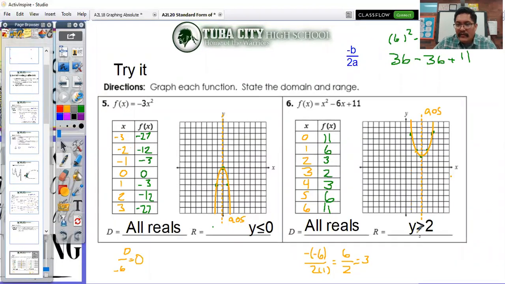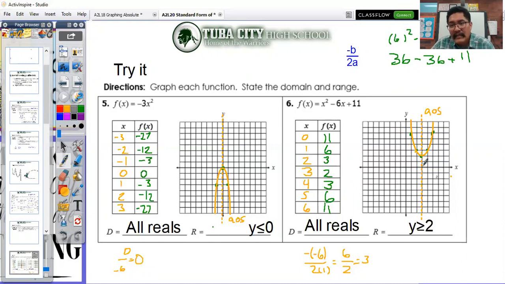And that's why we look for the vertex, because whether it's a minimum or a maximum, your vertex always includes that, again, highest or lowest number of your range. So that's why we got to look at the table. So in this case, any y value greater than 2. So if I want to pick, say, y of 6, I can get 2 parts of the graph intersecting my line like that.